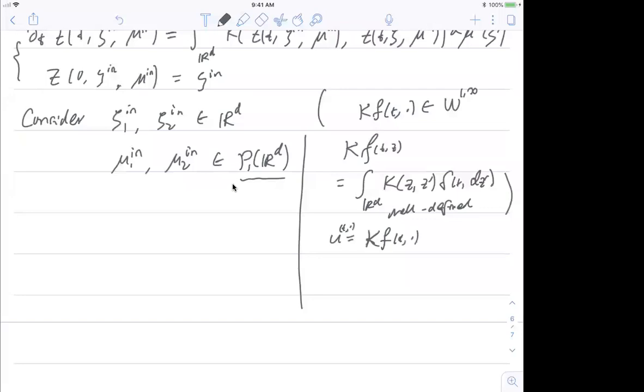To get the distance estimate, we need two things. First, this U is Lipschitz with respect to the space variable. Also, U is K f, an integral operator involving f, where f is a measure.